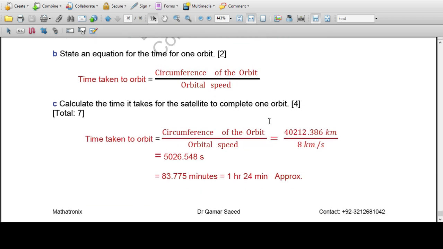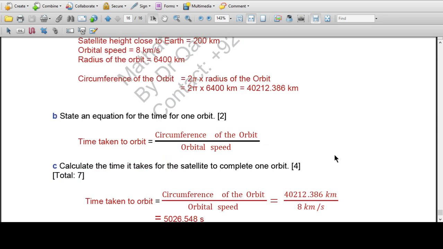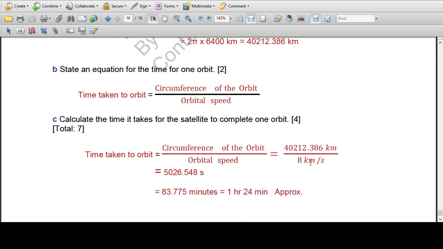So the circumference of the orbit is taken as this, and the orbital speed is 8 km per second, and this kilometer will cancel this kilometer, and we obtain the time taken to orbit as this many seconds, which is approximately 1 hour and 24 minutes. So it will take around 1.5 hours to complete an orbit.